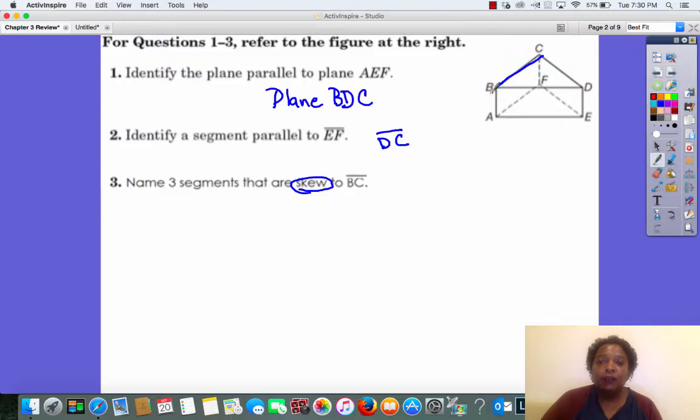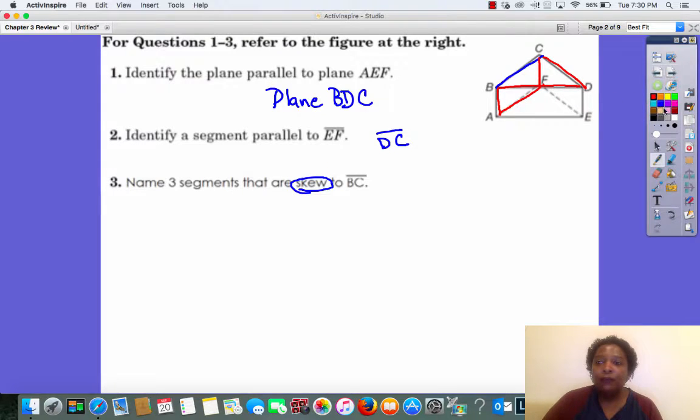So let's start off with the first scenario, which is they can't be on the same plane. So this top triangle flat surface, I can't use any of the line segments that are on that same plane. This sidewall, this rectangle, same thing. I can't use any of the line segments that are on that same plane.